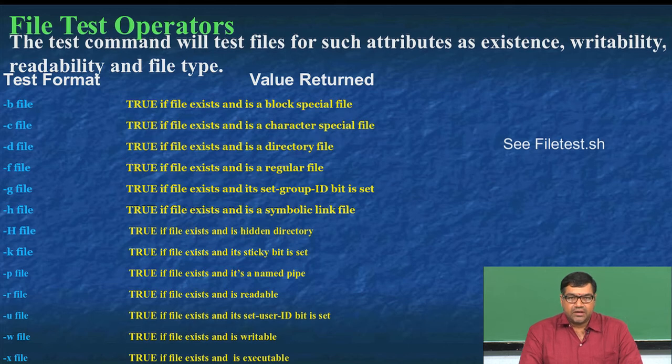Then you have options like -g, -h and so on, which you can use in different scenarios to find out what type of file it is, whether a sticky bit has been set, or whether it is a pipe file. You would have heard about named pipes, where you create a file through which communication happens. All these things you can find out using the file test operators.